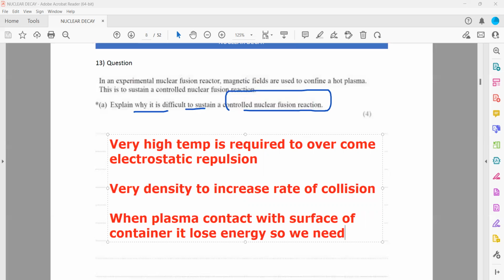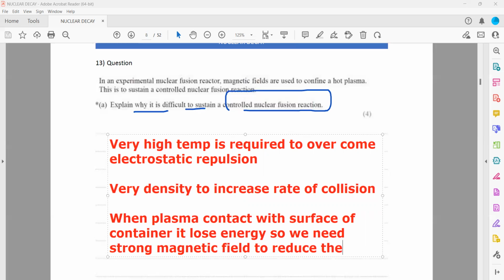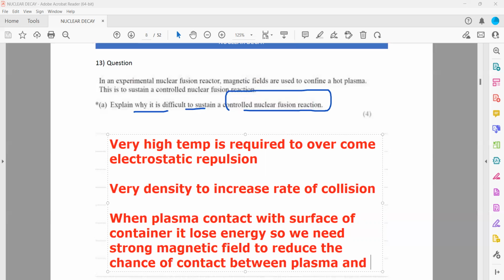So we need a strong magnetic field to reduce the chance of contact between the plasma and the container. That's why it is very difficult to have a sustained controlled fusion. These conditions are very difficult to maintain.